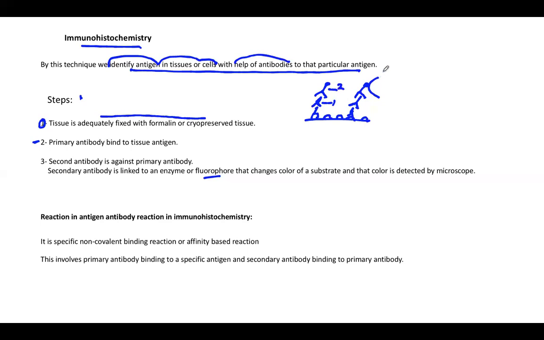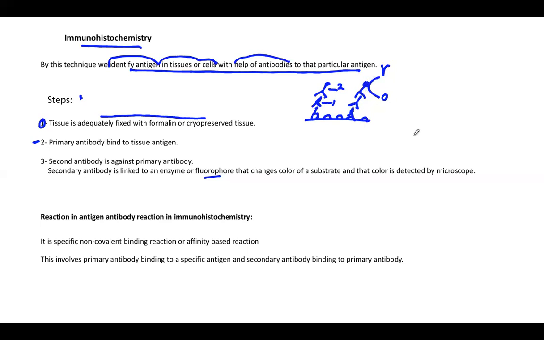Suppose we put a chemical that has a yellow color, and this yellow color changes to orange color. That orange color will be changed by this enzyme which is linked to the secondary antibody. So this color will only change when the antibody is attached and present on the tissue.